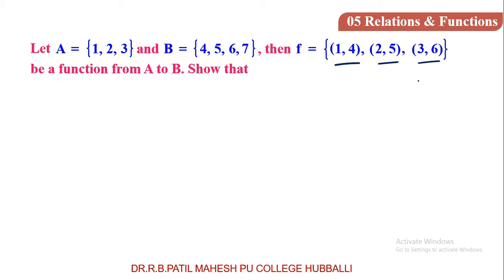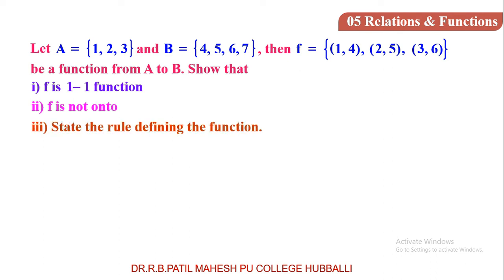Remember, function is already a relation, and it has become a function by satisfying the definition of function. So now we have the function from the set A to the set B. Then show that f is one-one, f is not onto. State the rule defining this function.